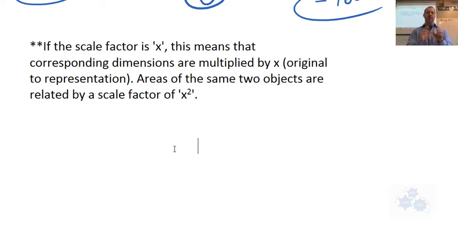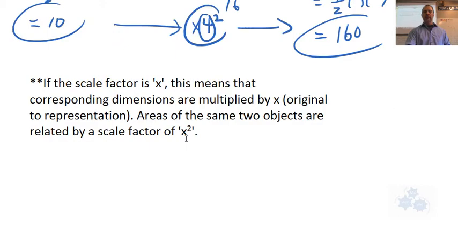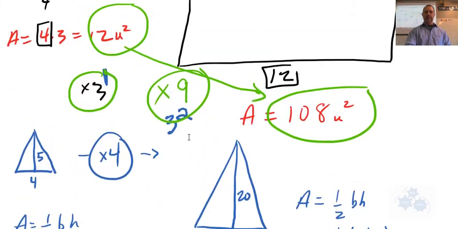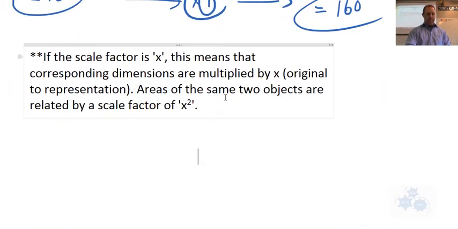That's the scale factor. So that's for dimensions. Areas of the same two objects are related by a scale factor of x squared. That makes sense, I think, if you're thinking about area, right? It's square units. So the relationship is x squared. And we did a couple examples up here. Okay, any questions so far?